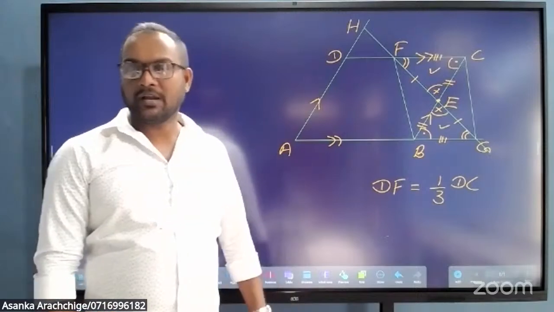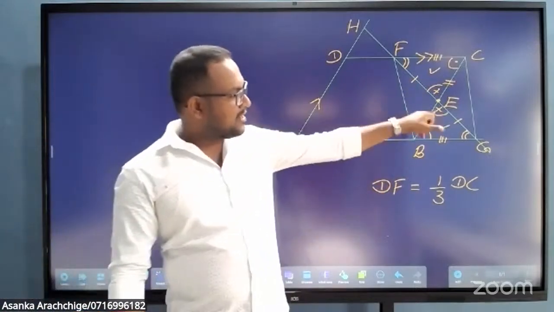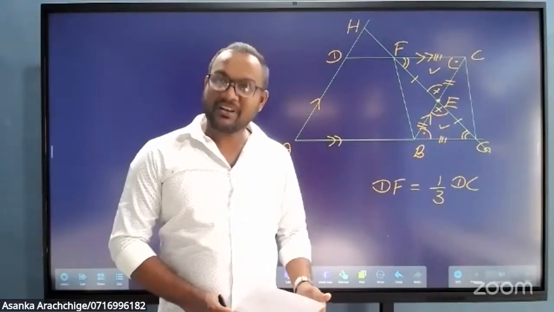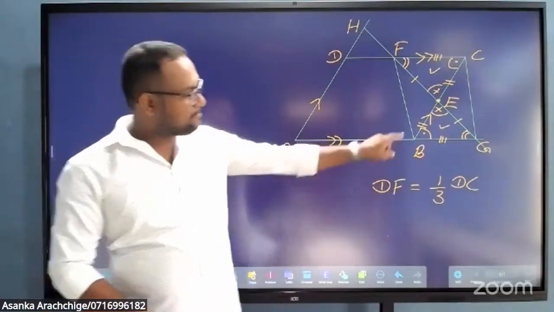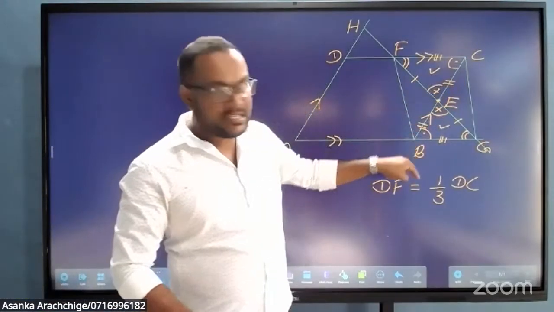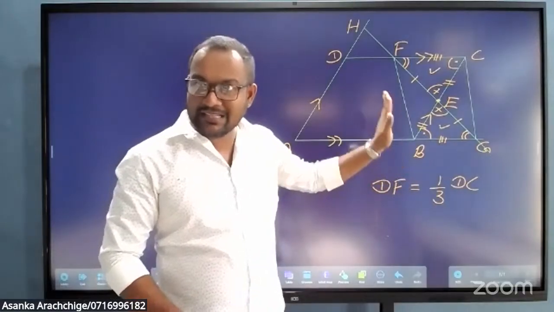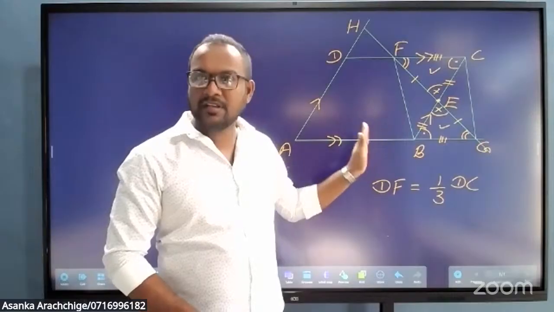The last one. We can clearly show that the diagonals of this quadrilateral bisect each other. BE is equal to EC. That is given. That is a piece of information that we are given in the question.